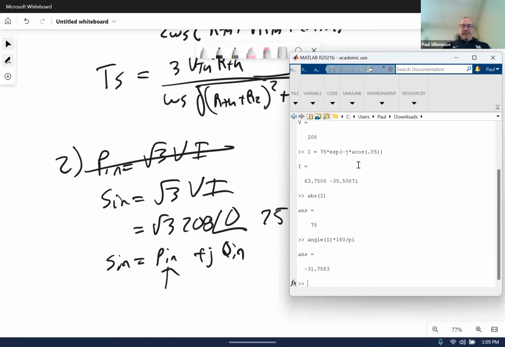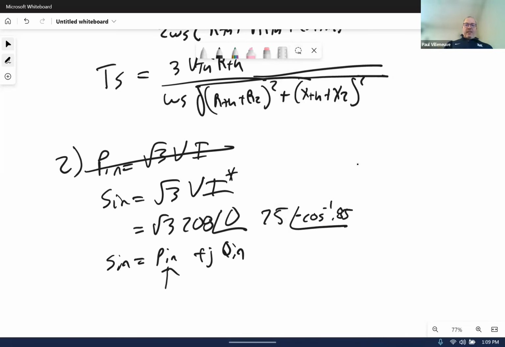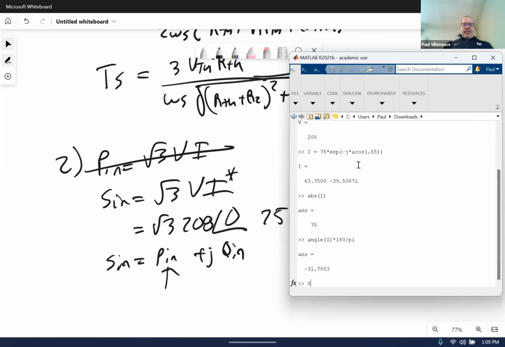Now, I forgot the conjugate term, right? You still forget stuff. So S is equal to the square root of 3 times V times the conjugate of I. So the real power is 22.97 kilowatts. Yep. And that's the test.